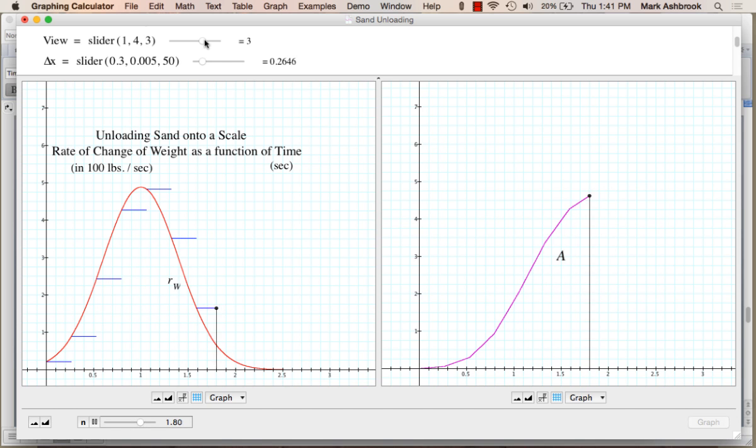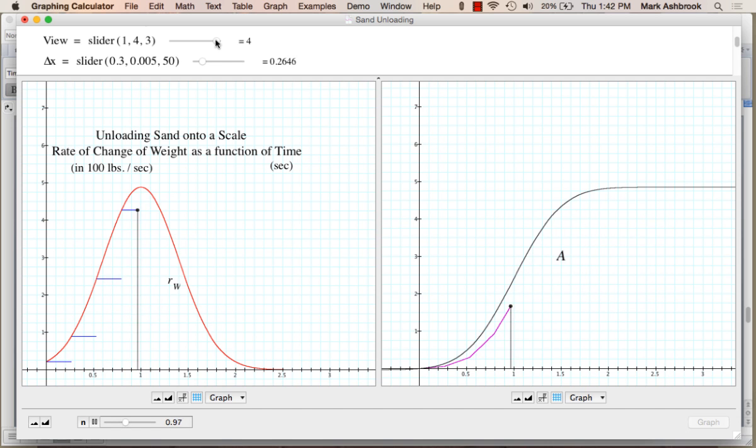So if you were to graph the approximate accumulation function based on the current delta x and approximate rate function, you get that purple one over there on the right. And then view 4 does everything that this one does and then just adds on the exact accumulation function, which we want to talk about more today. We really haven't talked about that yet.